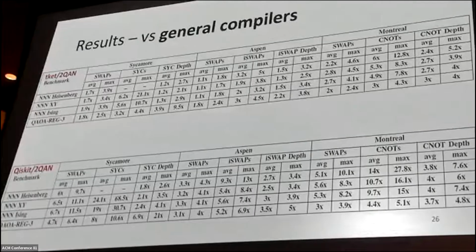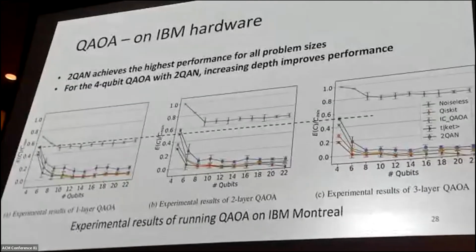And this is in terms of computational depth, in terms of the number of 2-qubit gates, and you see the improvements are significant. We also tested Toucan on IBM hardware, and we benchmarked it against both some of these general purpose compilers and some of the specialist compilers.